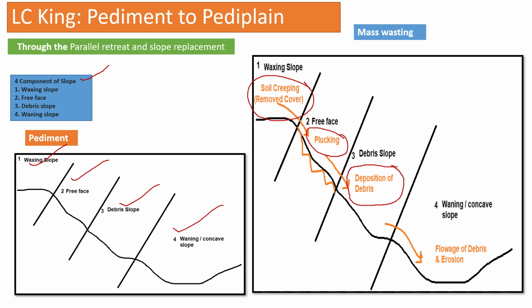The fourth is slumping. Slumping is always related to the backward rotation of mass and flowage. So there are four different segments of the slope, and four distinct types of mass wasting continue for a long time.